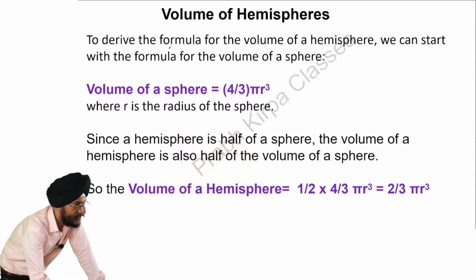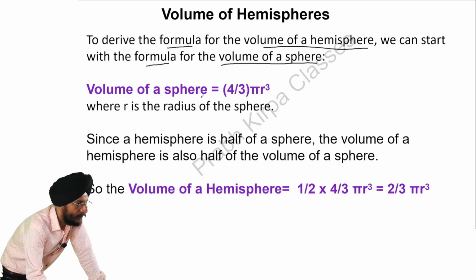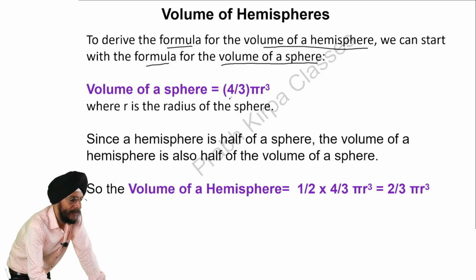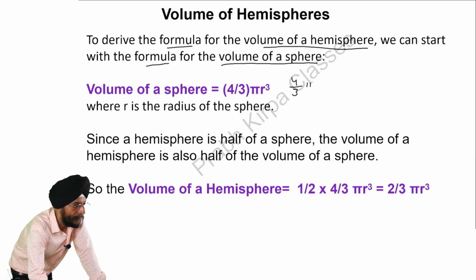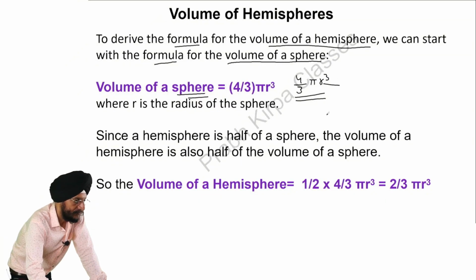To derive the formula for the volume of a hemisphere, we can start with the formula for the volume of a sphere. The volume of a sphere can be calculated with the help of the formula 4/3 pi r cube. This is the volume of a sphere, where r stands for radius.